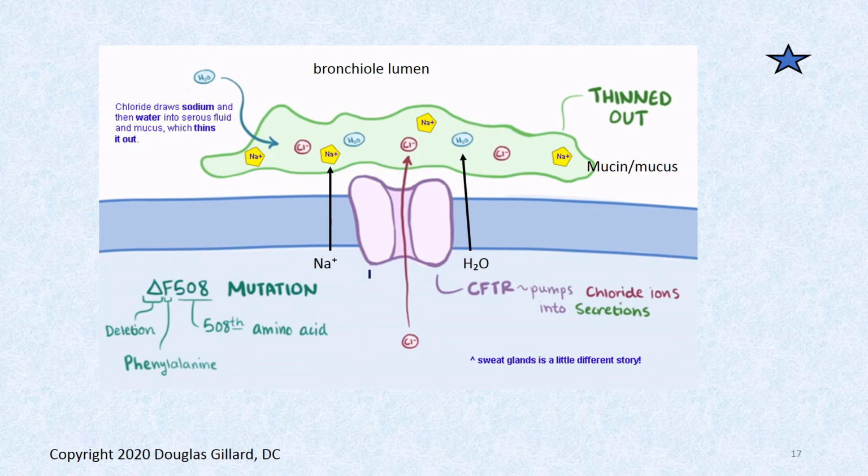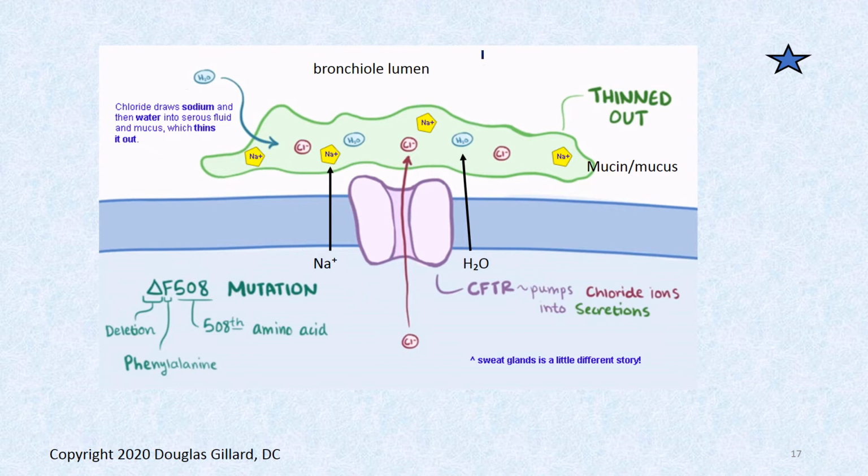Remember, we explained more specifically that you actually build it and it would work, but the trouble is when it goes through quality control, through the rough endoplasmic reticulum and Golgi. Because it's not folded right because of this mutation, it's destroyed, which is a shame because it would still work, but it just never makes it into the membrane. Very few of them do. It doesn't work at full power either.